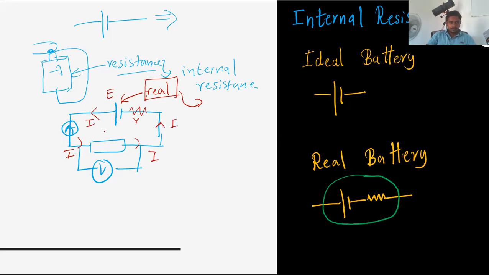If we use Ohm's law, consider this resistance as capital R, so we have E which is equal to I capital R plus I simple r. The voltage across this one and the voltage across this resistor.